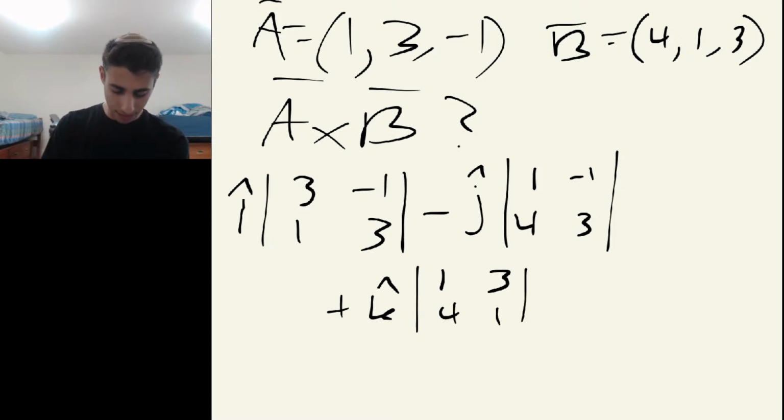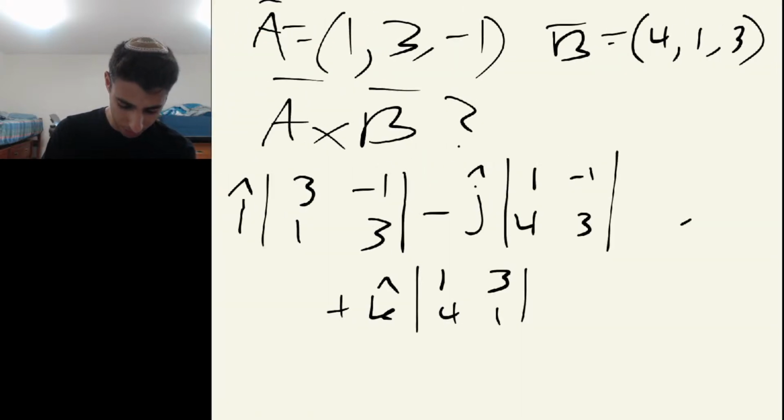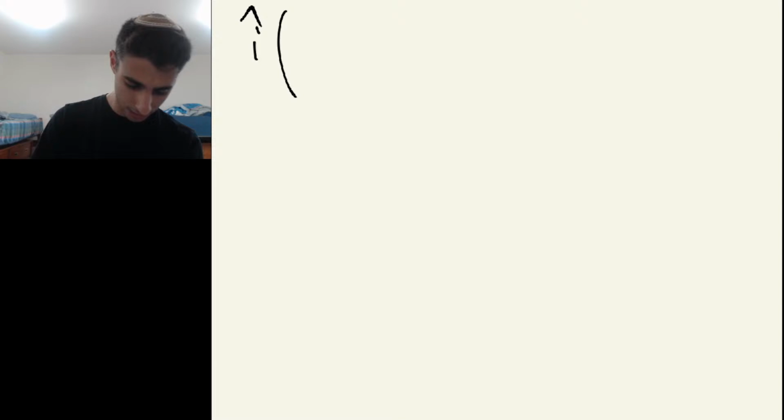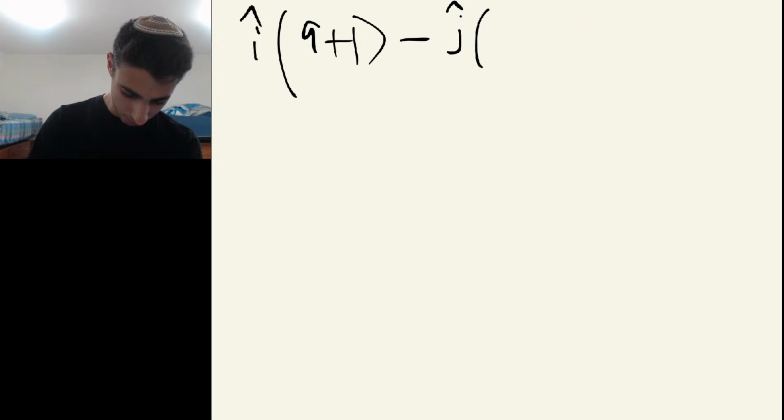Great, now let's solve the determinants. So we're going to have i hat times its determinant, which will be 3 times 3 minus negative 1 times 1, which is going to be plus 1. So 3 times 3 is 9, 9 plus 1. There you go, that's i hat's determinant. Minus j hat times its determinant.